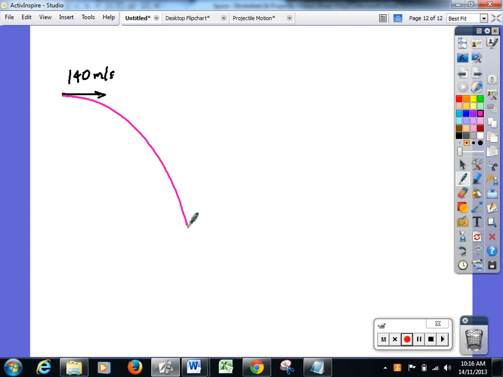Are we okay with what's going to happen? So the pink path there is the trajectory of the lifeboat. And it will hit the water. Hopefully it's going to hit water, otherwise the boat's not very useful. And the height here above the ground is 1,102.5 metres. Okay?